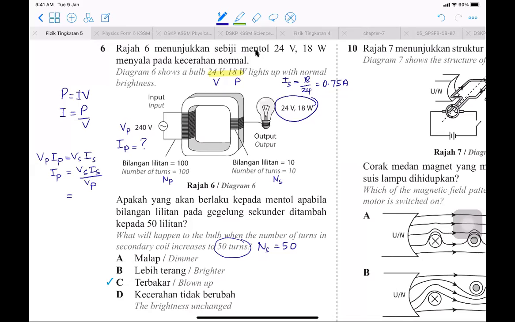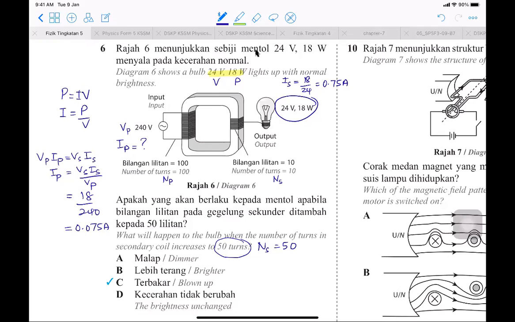So dapat berapa sana tuh? You divide by 240. So the input current should be 0.075 ampere. Oke, sekarang coba kira dia punya IS.